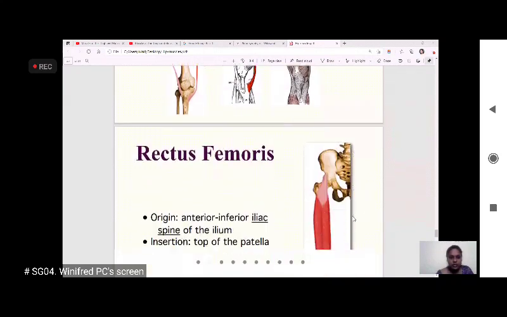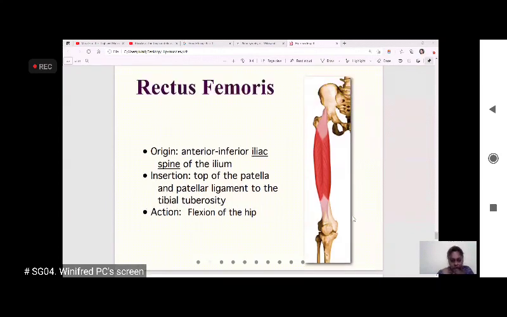Next, please. Here comes the rectus femoris. It originates from the anterior inferior iliac spine. Yes, this is the anterior inferior iliac spine. From there it originates and gets inserted into the patella as well as the ligamentum patellae.